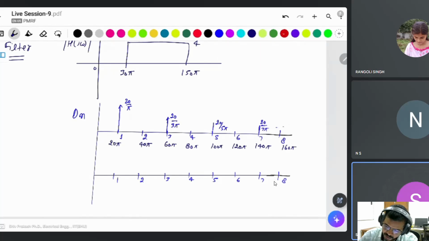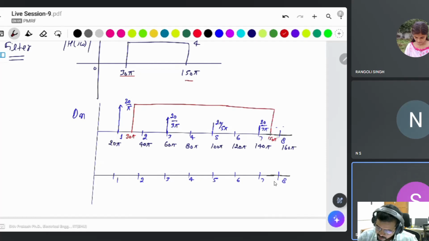But the frequency is passing between 30 pi to 150 pi. What is 30? 30 is here. Filtering is there only up to 150. 150 is here. Only these signals, 1, 2, 3, are passing through the filter.